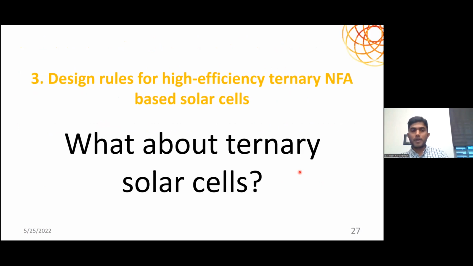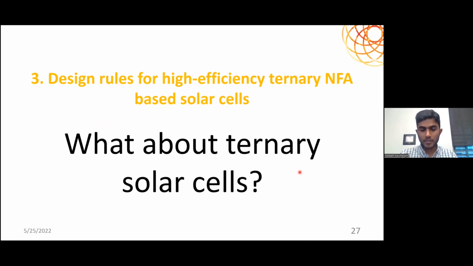Nice. Going on to the ternary solar cell, in the next 10 minutes I'm going to talk about the ternary solar cell, where we use one polymer donor and two non-fullerene acceptors, including a low band gap non-fullerene acceptor, and we want to see which material takes the lead in charge generation.